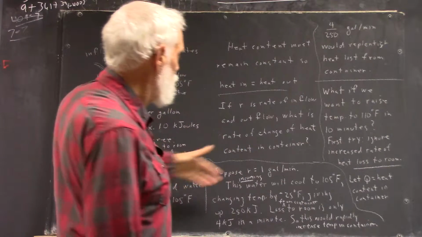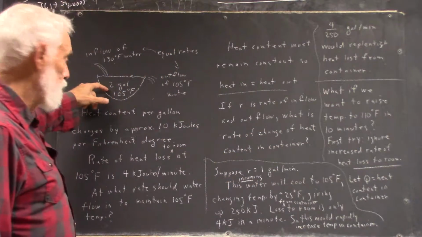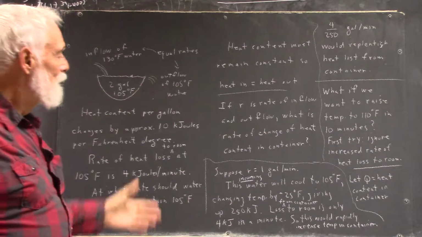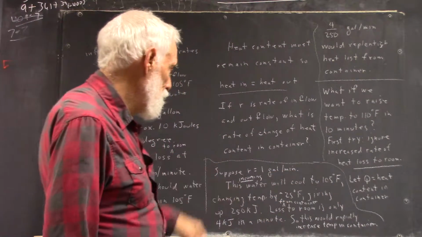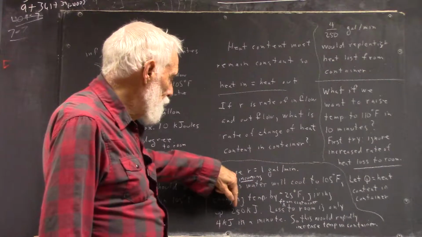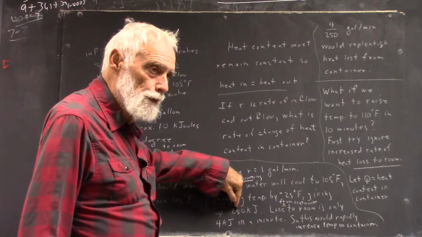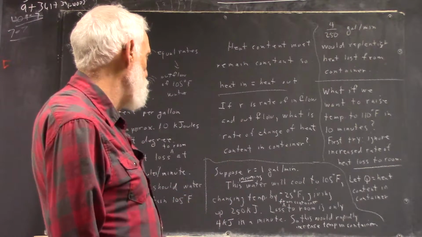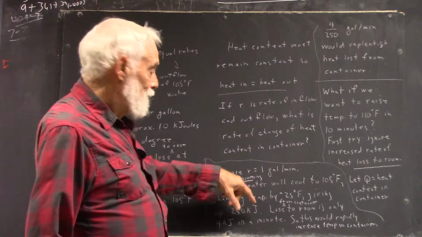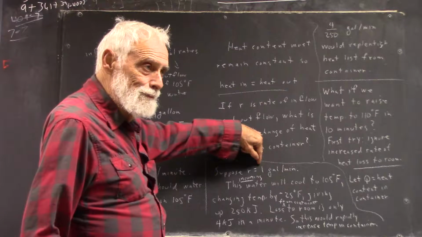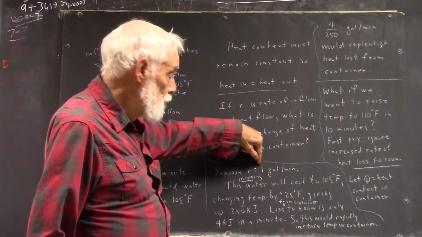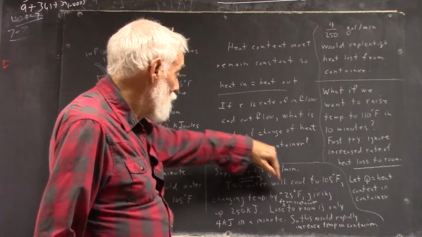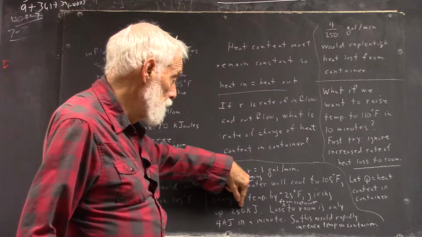Now, in reality, if you have that much flow coming in, you're going to have a hard time keeping the temperature here at 105 degrees. But we're assuming that happens. Okay? So if it cools to 105 degrees, it's going to give up 250 kilojoules. Because, of course, it's 1 gallon per minute, losing 10 kilojoules for every Fahrenheit degree. 25 degrees, 250 kilojoules.